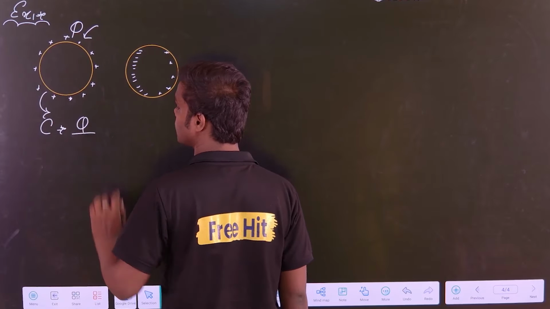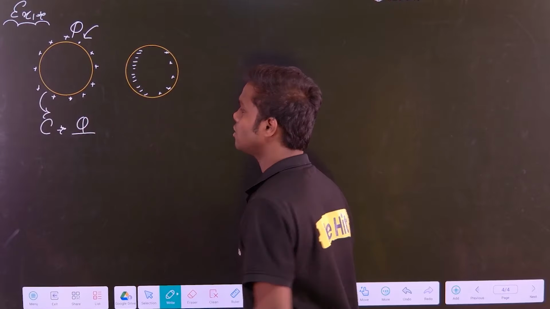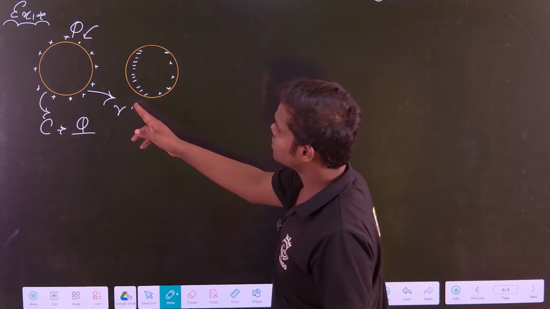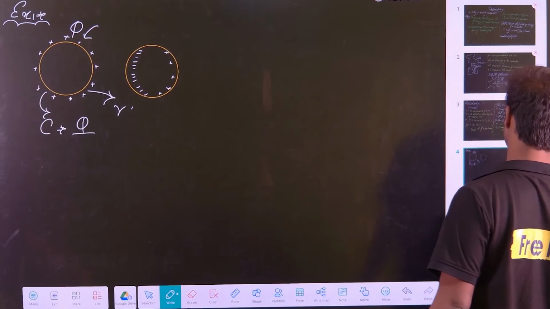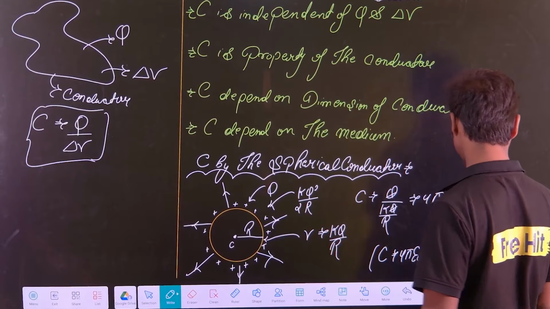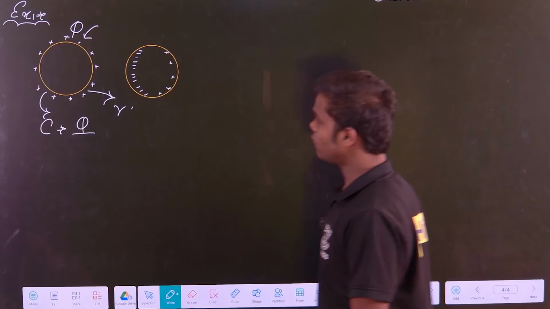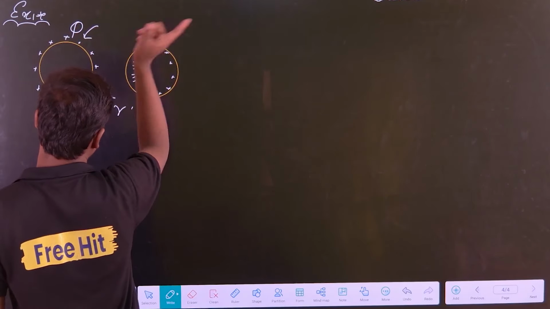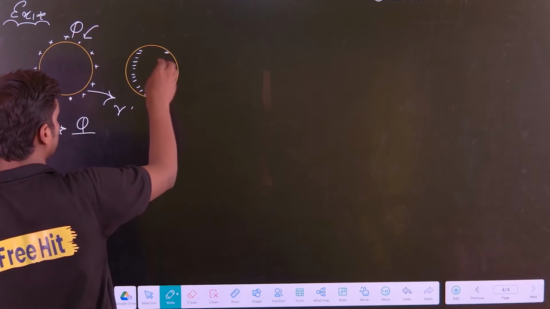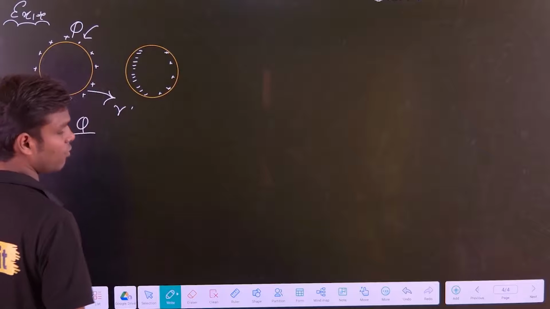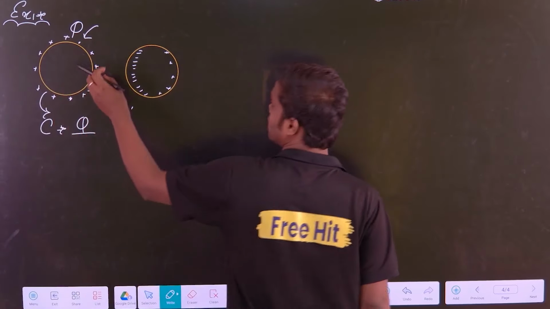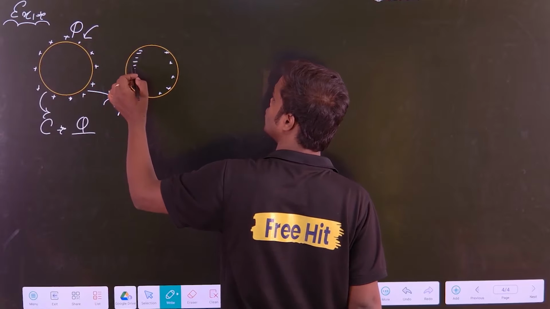The charge remains the same, but if you see the potential on this surface, V dash is obviously less than this potential, correct? Why, sir? Because one potential is due to this positive charge, and another potential is due to this negative charge. The distance from this charge is very large, so that potential will be very small. So the overall potential on this conductor is going to be reduced due to this negative charge.